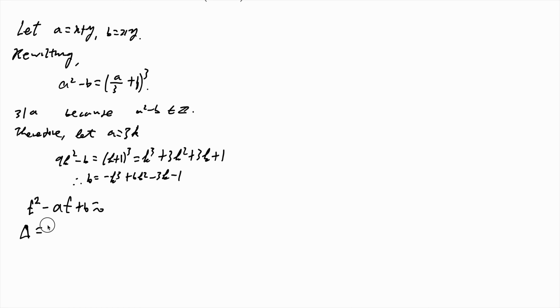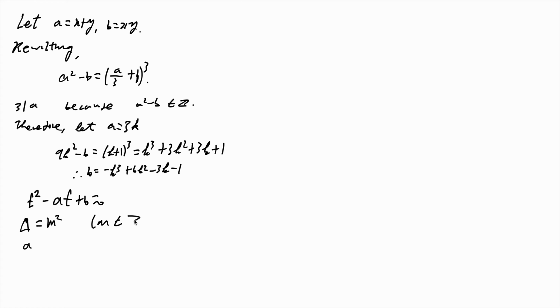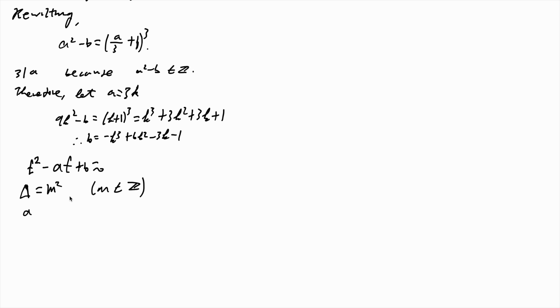Let's say m squared. m should be an integer too. Oh wait, does it have to be an integer? Yes, it should be an integer because a is also an integer. Okay, then we know that a squared minus 4b equals m squared.